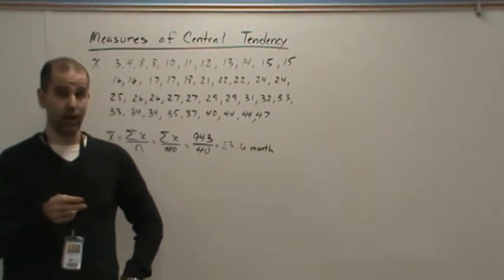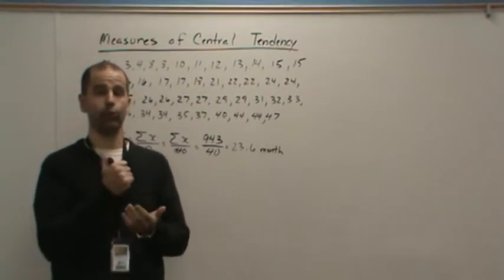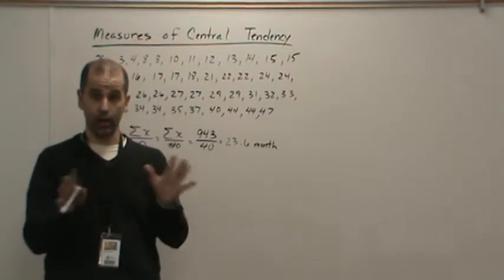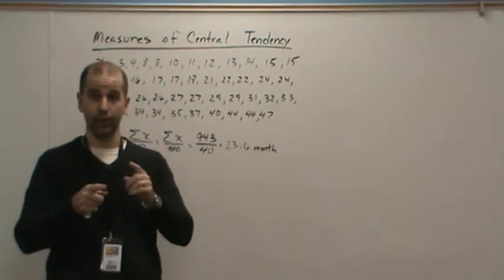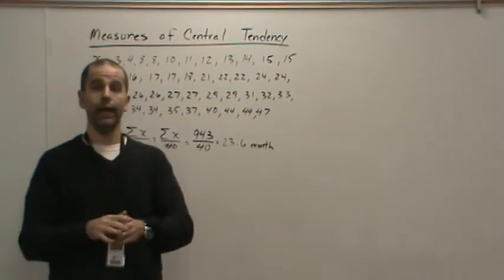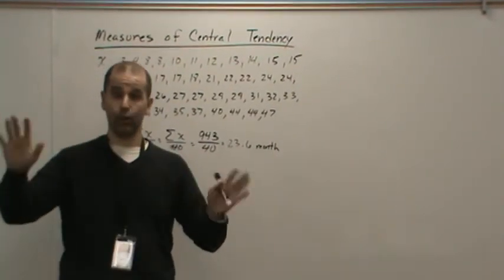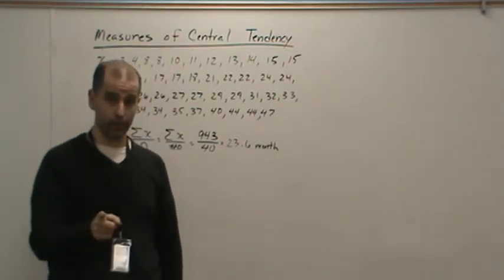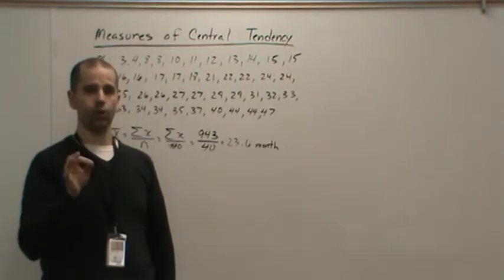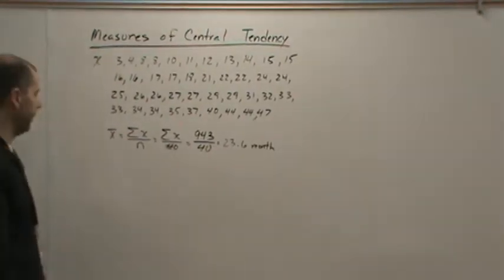I can't tell you how many times I get students that forget that, and they just take the data set as is, unordered, and start counting, or they use the formula that I'm going to show you and then count without ordering the data. So remember, step number 1 to finding the median is to order the data. So always order the data.